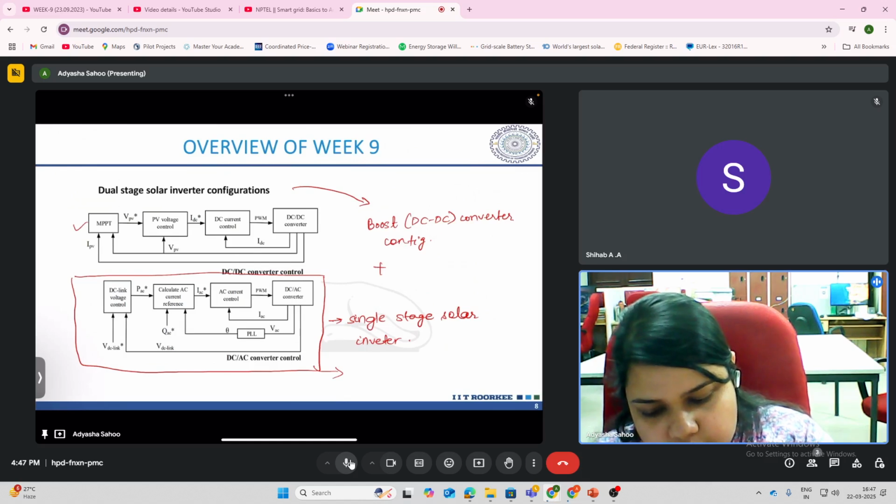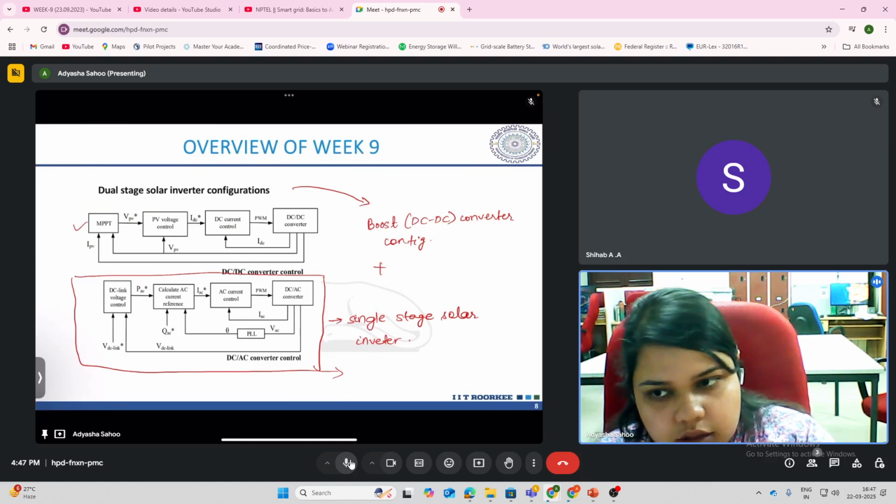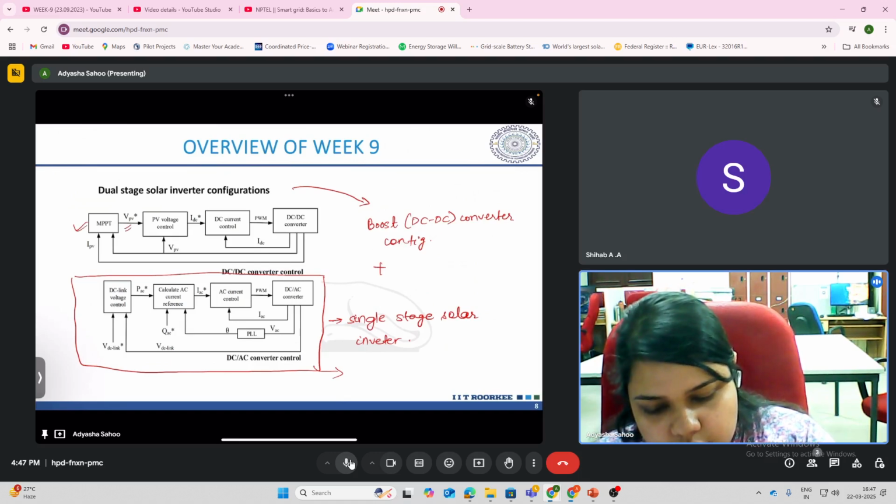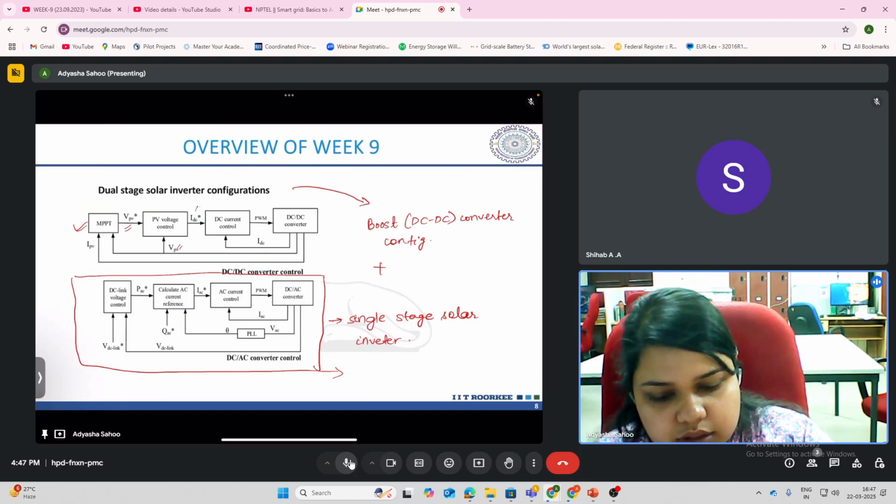From this MPPT, you calculate the reference signal for the PV that is given to the PV voltage control, which matches it with the actual PV voltage and calculates the reference for the DC link current. Then the DC current control will give the PWM pulses to the DC-DC converter.